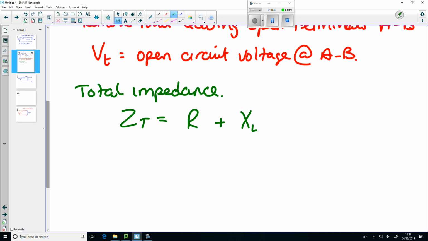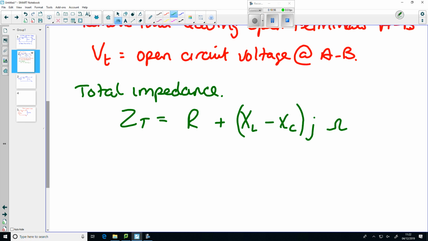XL is a positive value. XC is a negative value. And what else have we got to include? Yeah. Those two times J. So it's a full formula for RLC total impedance.